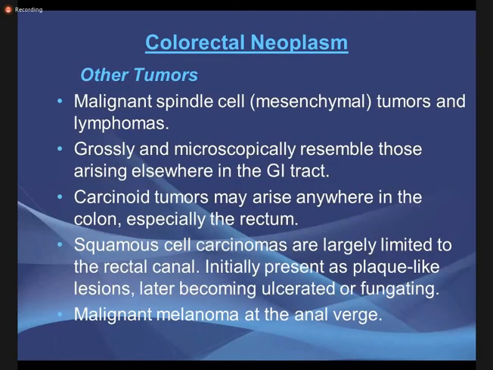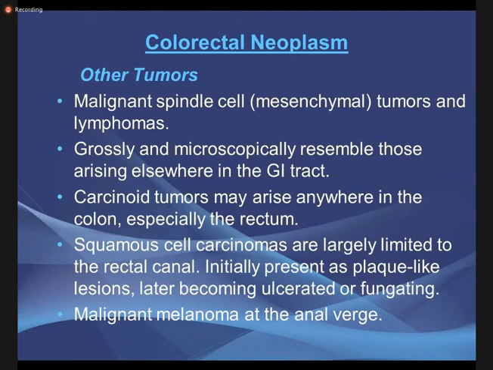Other malignant tumors are also there. Besides adenocarcinoma, there are malignant tumors which are mesenchymal in origin and lymphoid tissue origin. Malignant spindle cell lesions, that is the mesenchymal lesions, are the stromal tumors. And lymphomas are the lymphoid tumors arising from the lymphoid tissue.